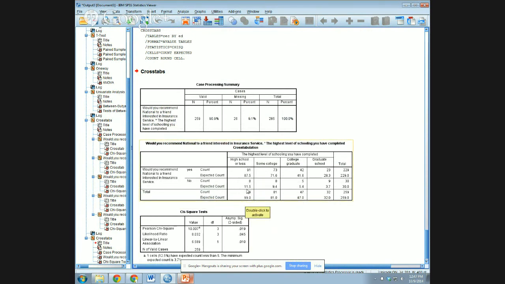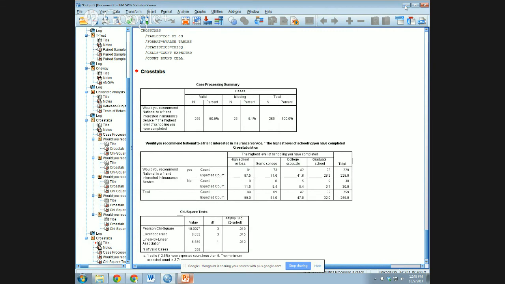So therefore, we would say that our target market is probably, if we look here, there were almost 3 times more people recommending than not recommending in grad school. So it really requires us to, again, dig back into this and say, okay, what types of relationships can we establish based on these chi-square tests?